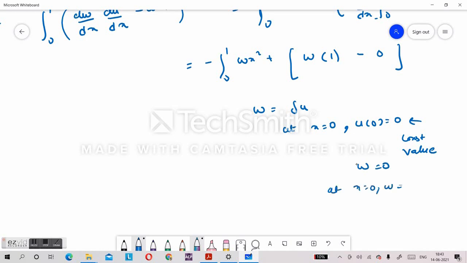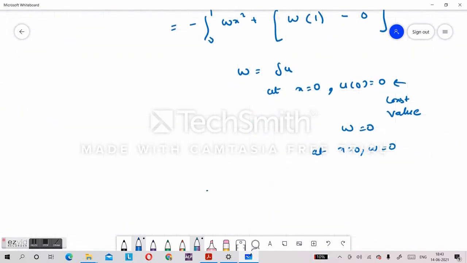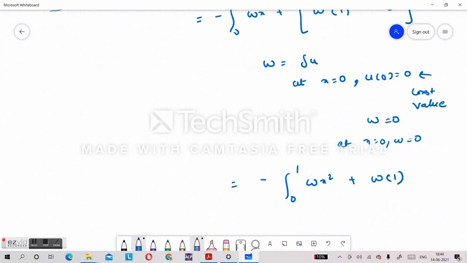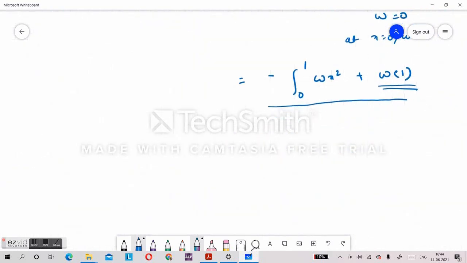So finally at x equals to 0, w equals to 0, and that's why this term becomes 0. So what we get on the right hand side is the integral from 0 to 1 of w x square plus w(1). This term we already solved in the previous lecture, and this is the change here for set 2 boundary condition.